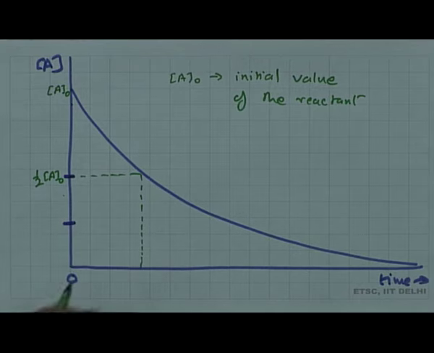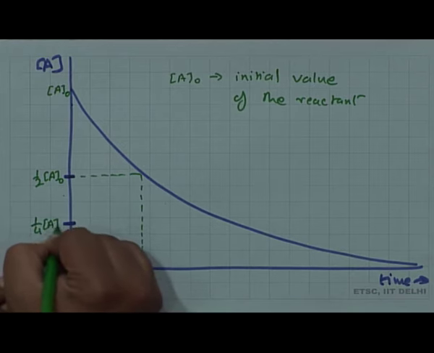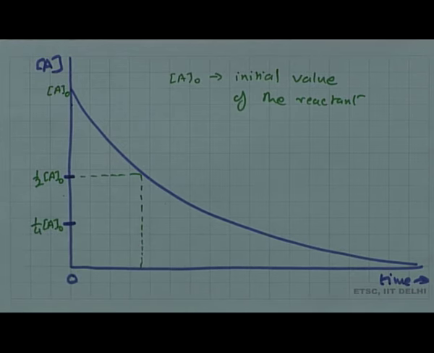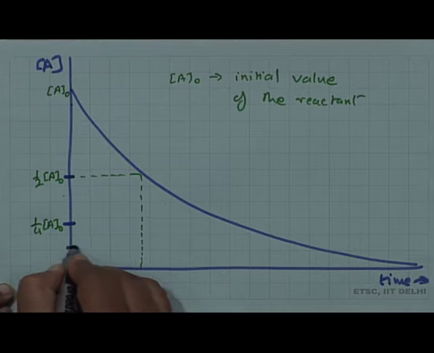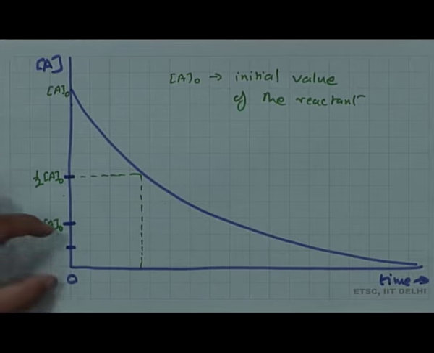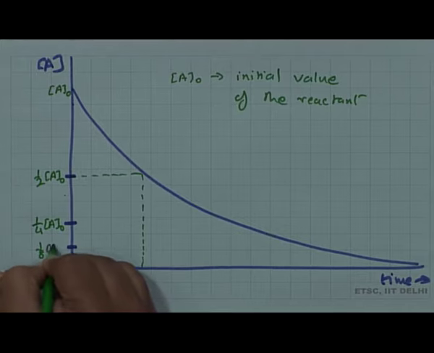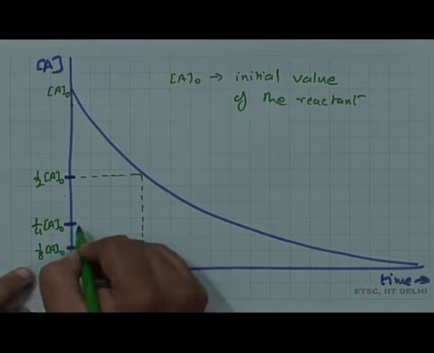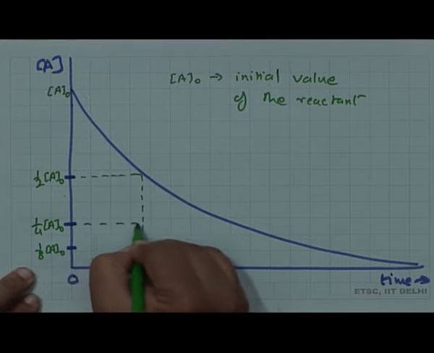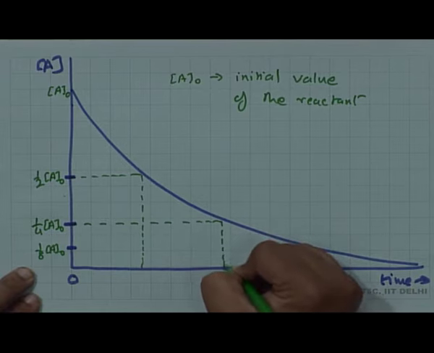So, then this is 1/4 A naught, right, and I can even go and say that this is half of this gap, and I can write 1/8 A naught. Okay. So, just let me complete this, then I will explain what I am trying to achieve out here.